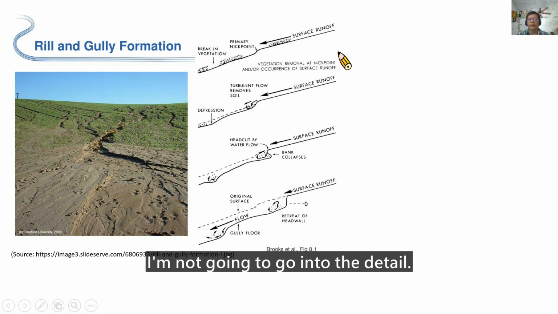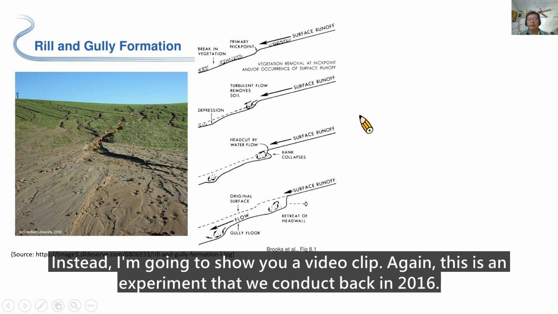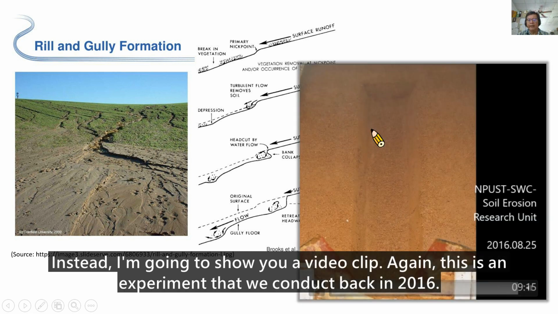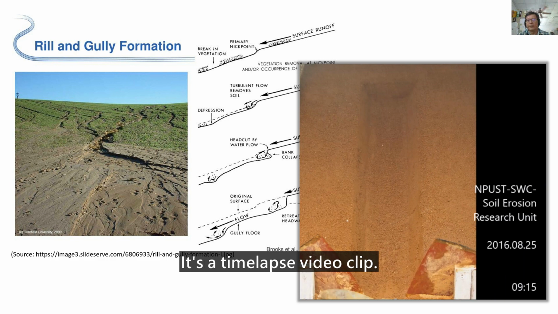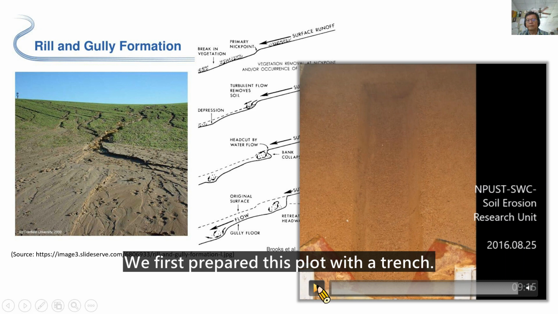I'm not going to go into the detail. Instead, I'm going to show you a video clip again. This is an experiment that we conducted back in 2016. It's a time lapse video clip.